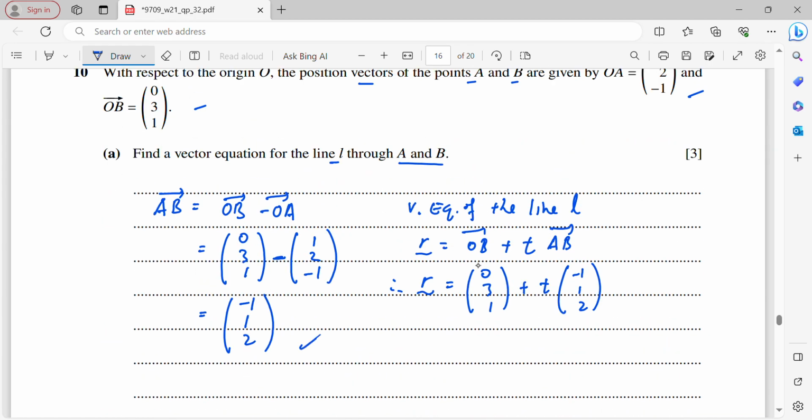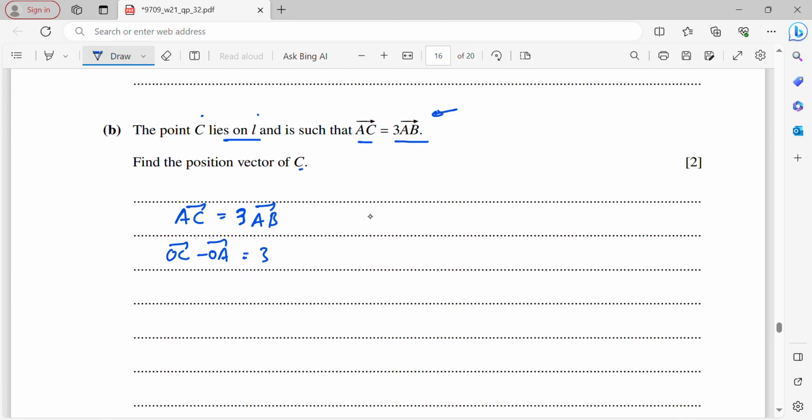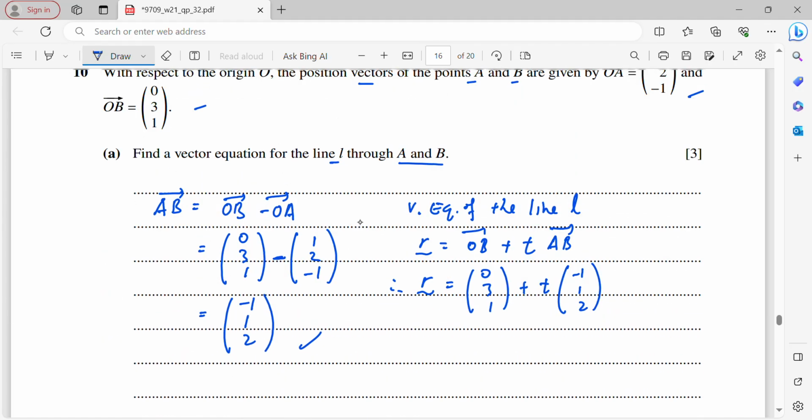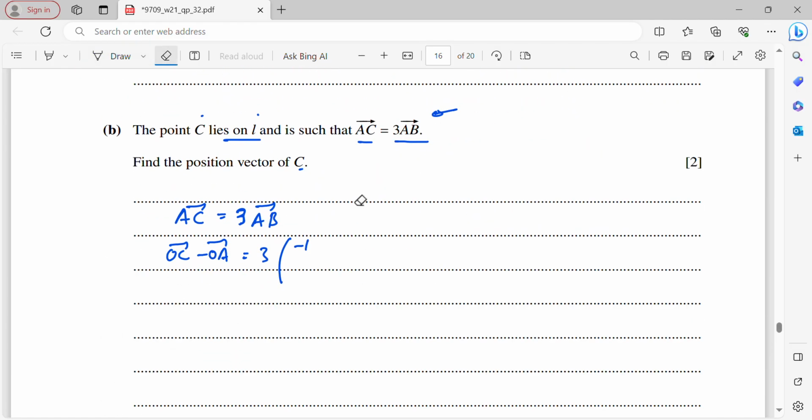AB is (-1, 1, 2). Okay, AB is negative 1, 1, 2. Then now, OC is 3 times minus 1 is minus 3, 3 times 1 is 3, 3 times 2 is 6.